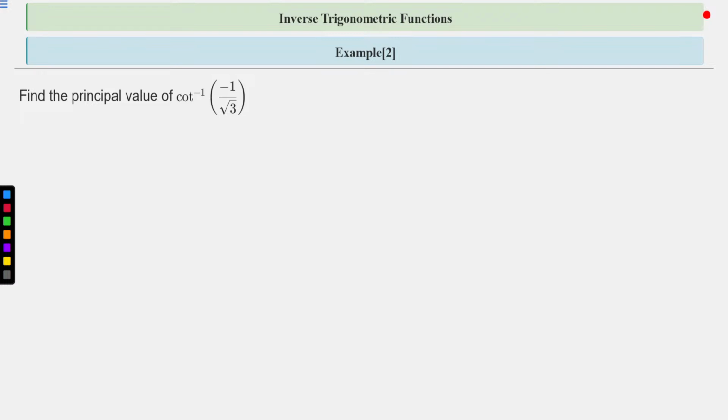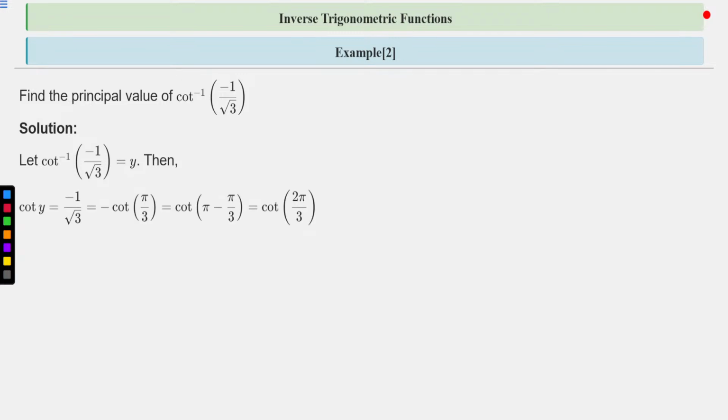See, we need to find the principal value of cot inverse minus 1 by root 3, right? We will apply the similar process. We will take cot inverse minus 1 by root 3 as y. If we move this cot inverse to the right hand side, it will become cot y.